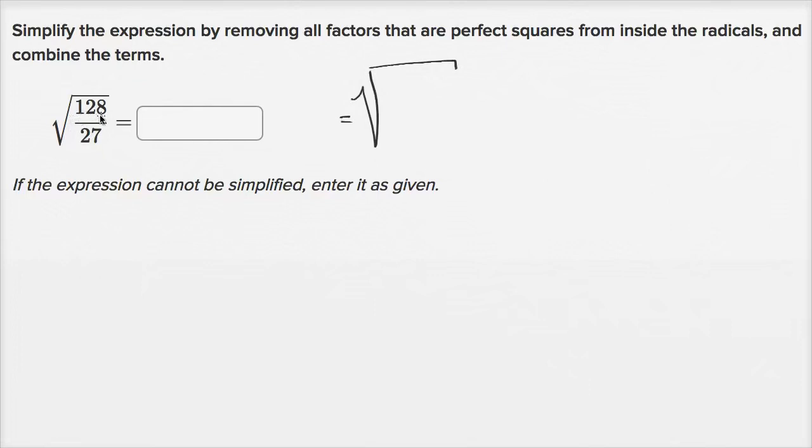So I'm going to write it as 64 times 2 over 27, which is 9 times 3. 9 is a perfect square. And there's a couple of ways that we could think about it.